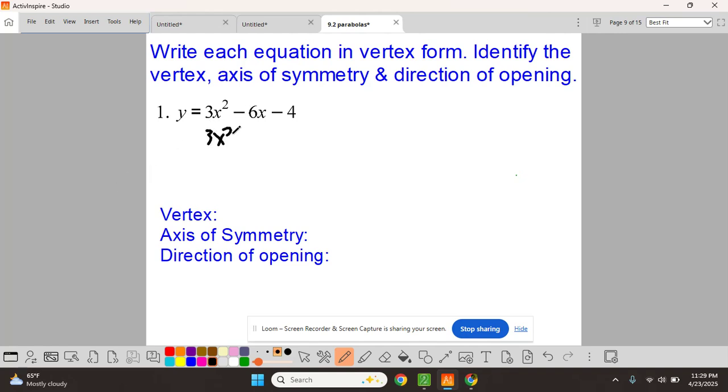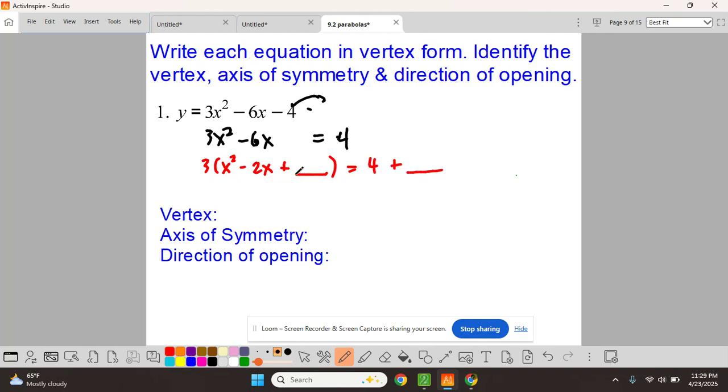So 3x squared minus 6x. Pretend that there's an equal sign here also. I put the 4 to the other side, and you need to factor out the 3 here. 3(x squared minus 2x plus blank) is equal to 4 plus blank.